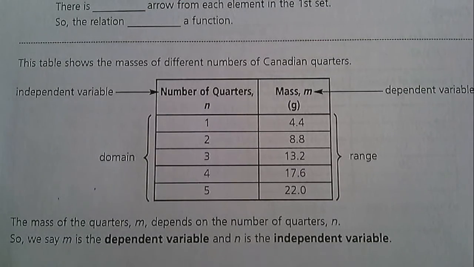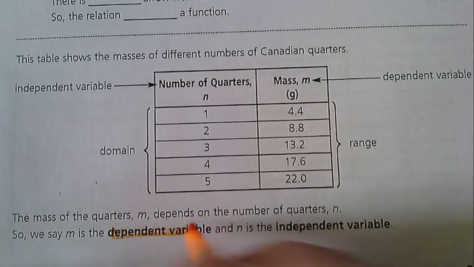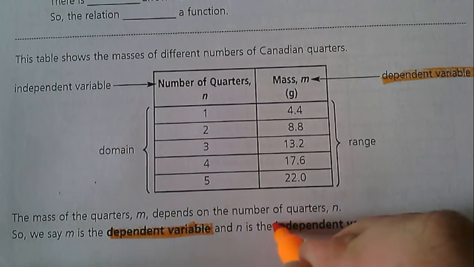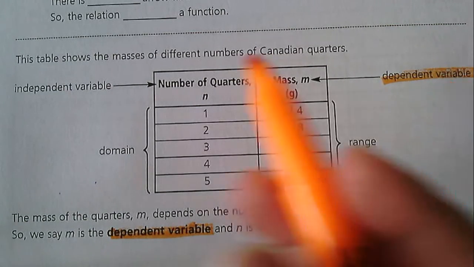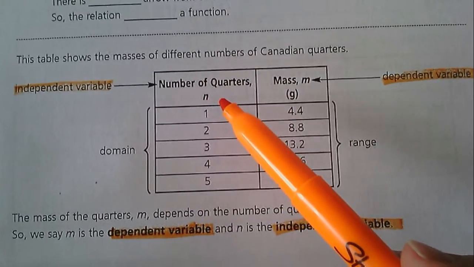So we use these terms in science, but we can use them in math as well. We could say that m is the dependent variable, and we can say that letter n is the independent variable. So the dependent variable in this case, the mass of the quarters, depends on the independent variable, which is my number of quarters.